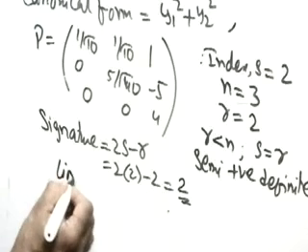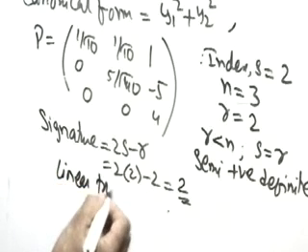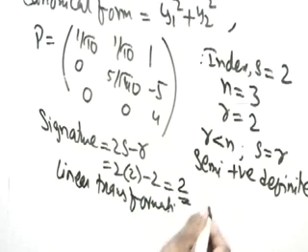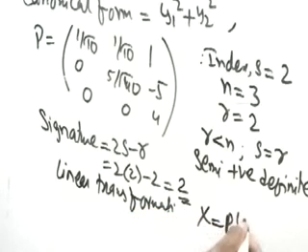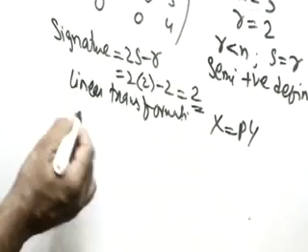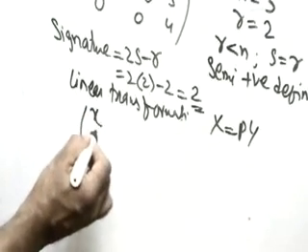And the last one is the linear transformation. The formula is X equals P into Y. What is the X here?